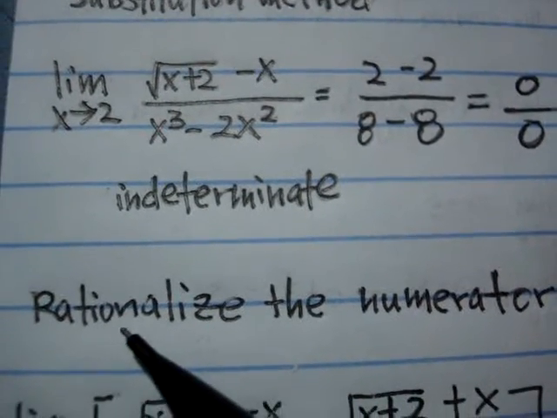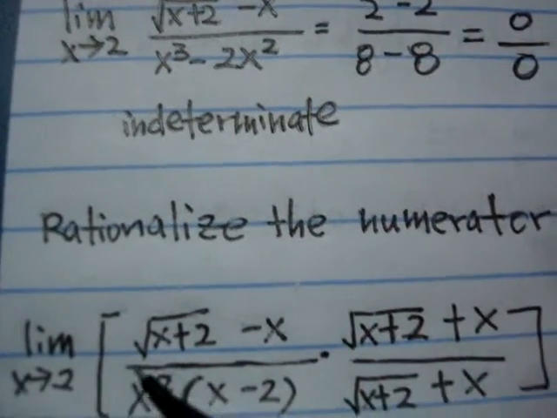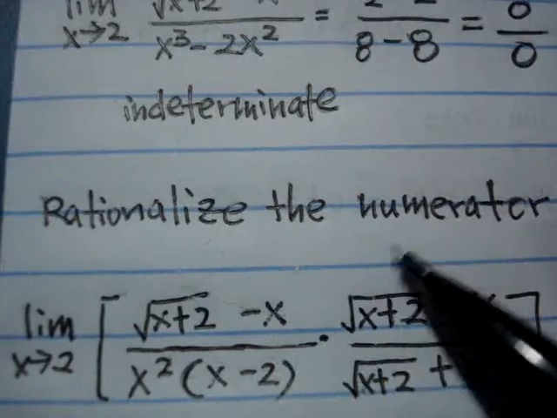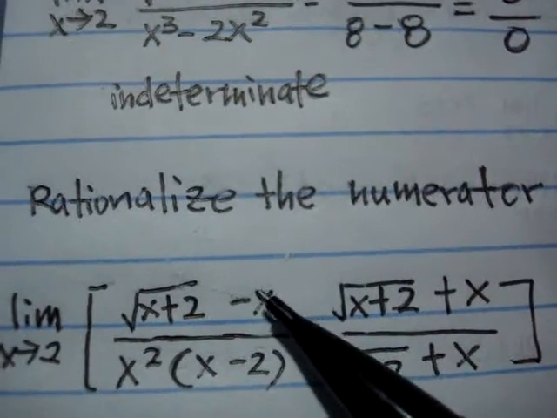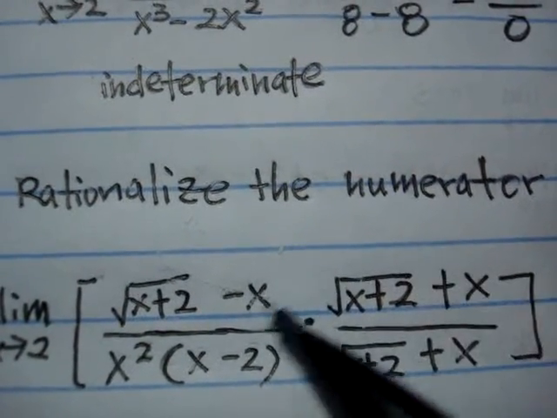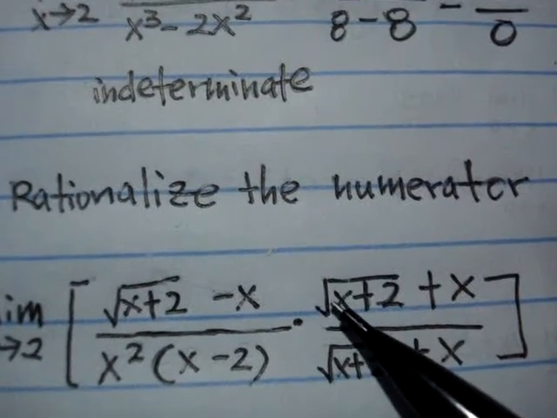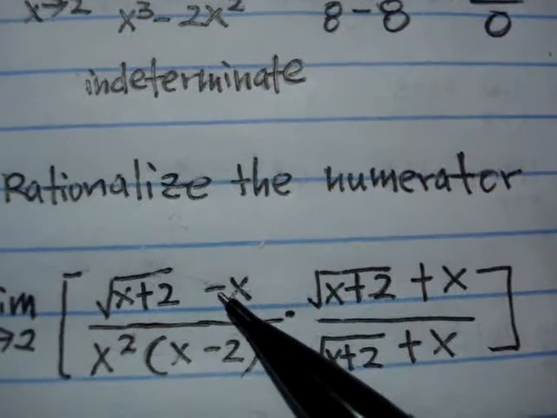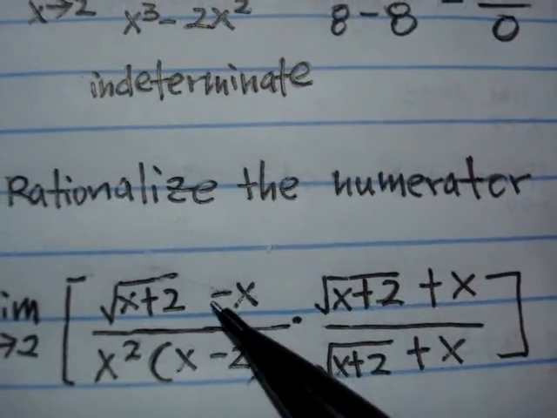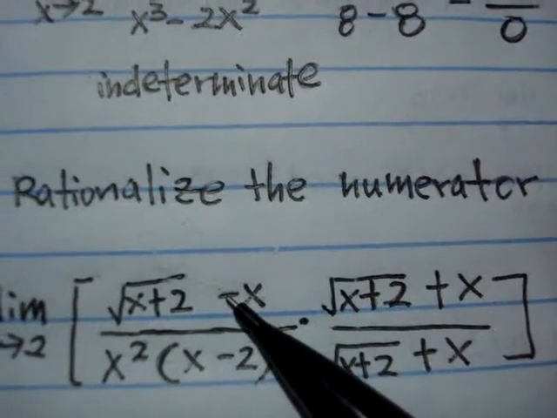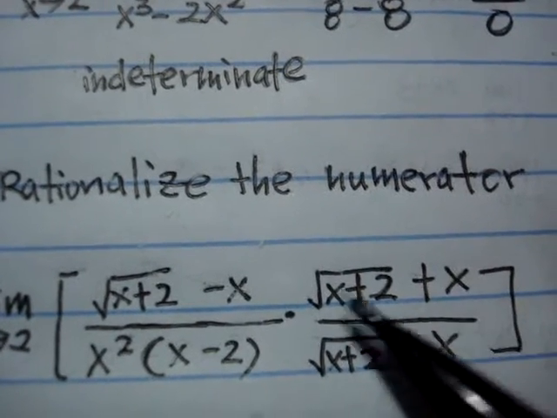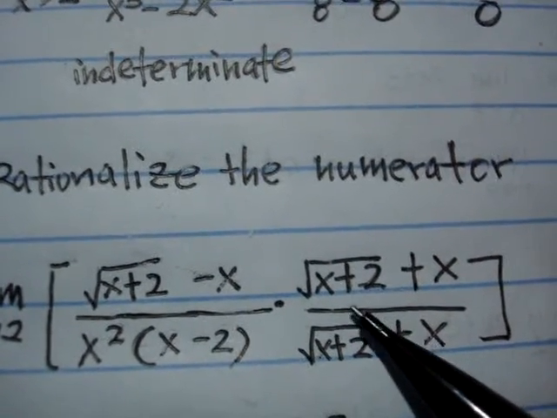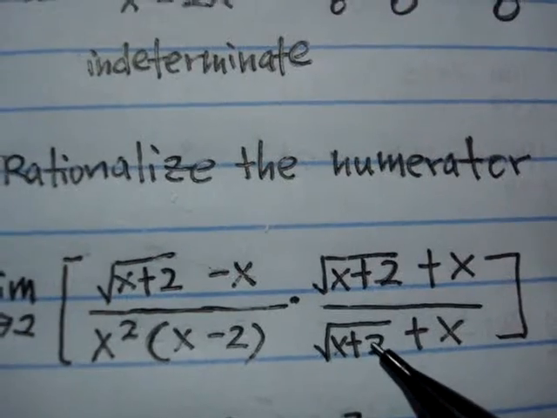To use the rationalizing method, you rationalize the numerator. So how do you rationalize the numerator? You take radical x plus 2 plus x. If this is a plus, then you minus x. Since it's a minus, then you plus it. And it's the same thing for the denominator.